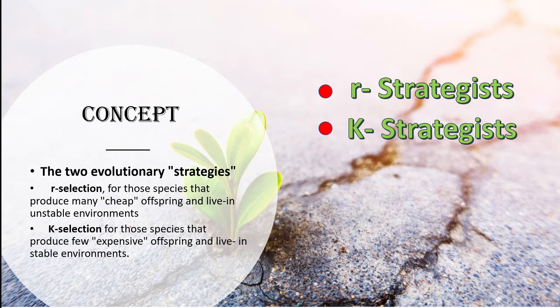Now the concept of R and K selection strategies. The R and K selection theory proposes to explain the reproduction strategies of species with respect to their environmental characteristics. The concept of R strategies and K strategies links population dynamics to life history.